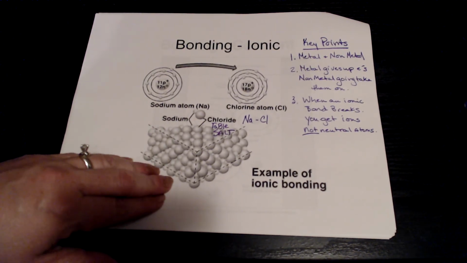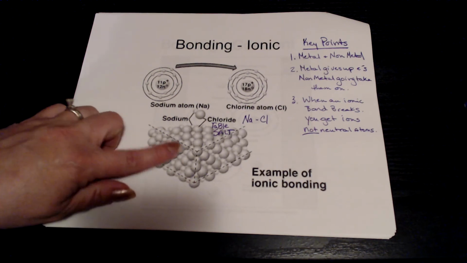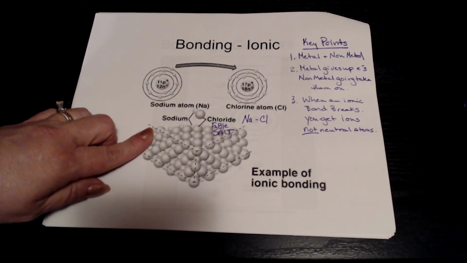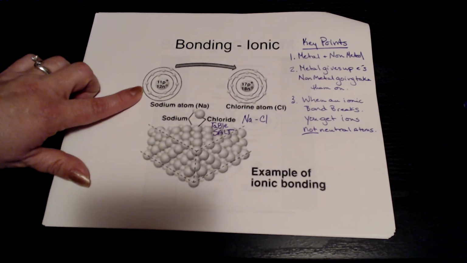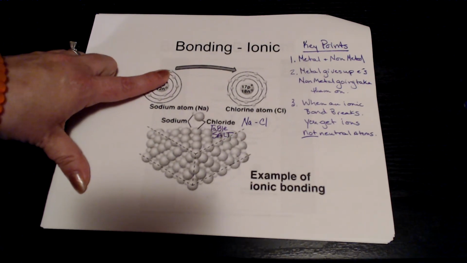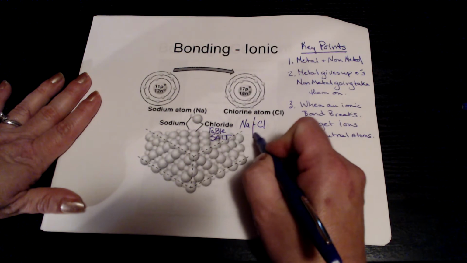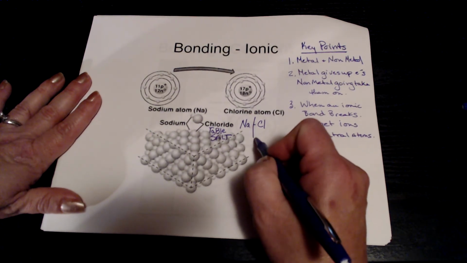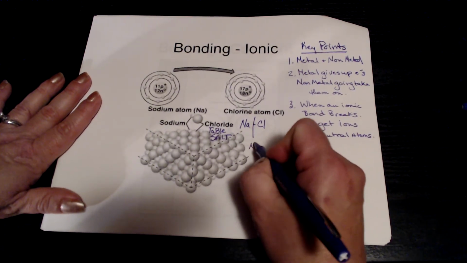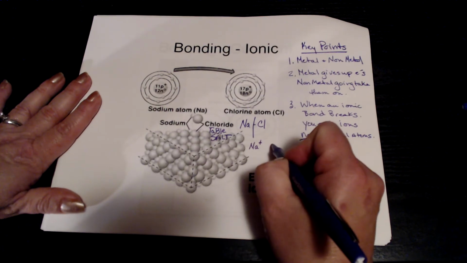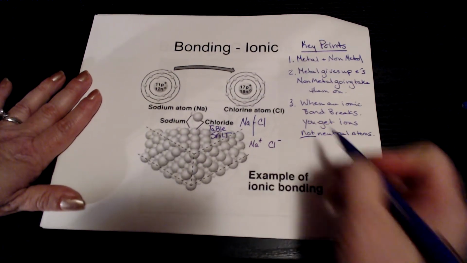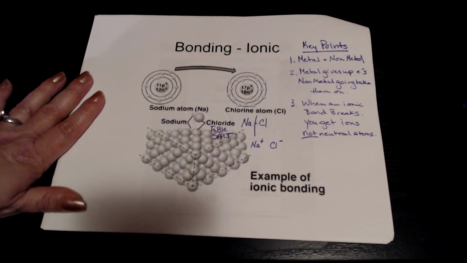If I dissociate or break this bond in any way, I'm not going to get my original sodium back. He gave up his electron. So if I was to break this bond, I would end up with a sodium ion and a chlorine ion as the result.